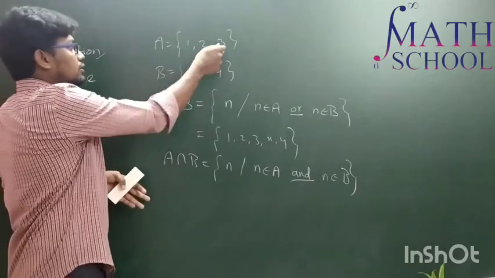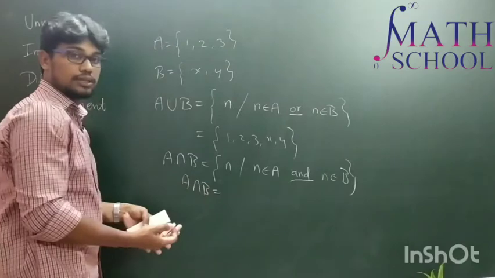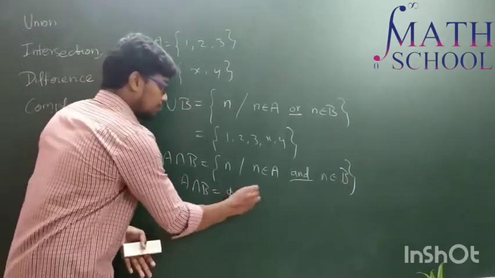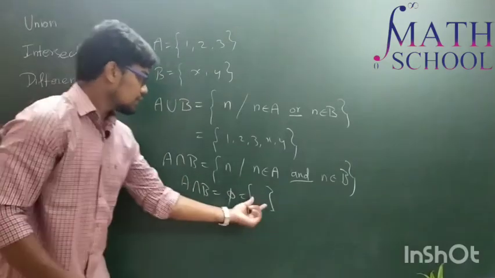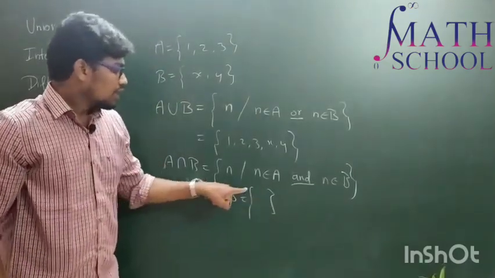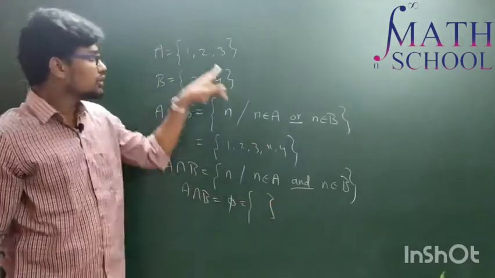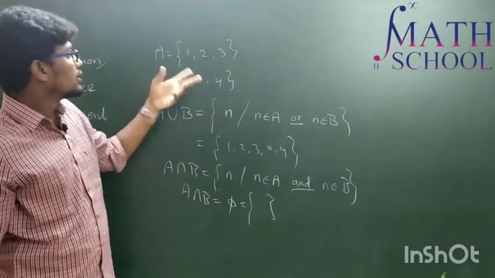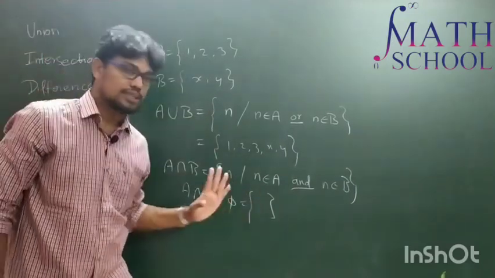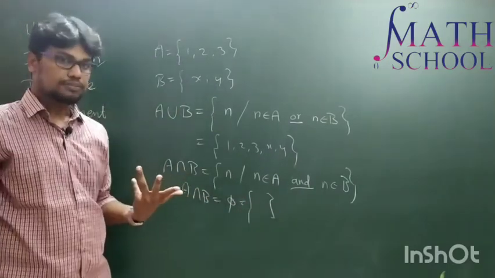Here no element is common between A and B. So A intersection B in this case is the empty set, which means it is nothing. Inside this set I am searching for an element which is present in both sets. There is no such element. The set is there, but inside the set I couldn't find any element. So this is the empty set.